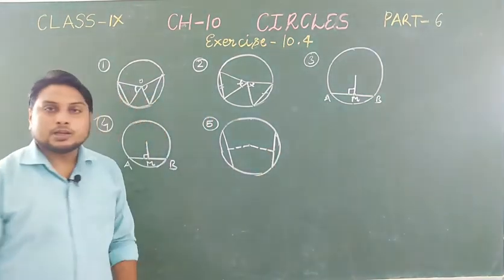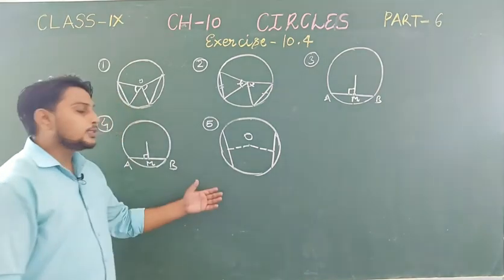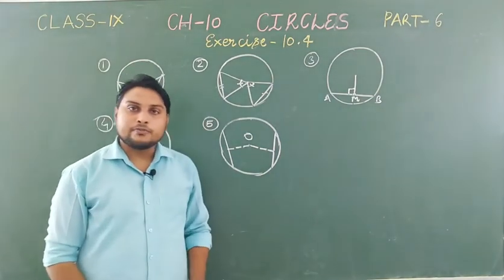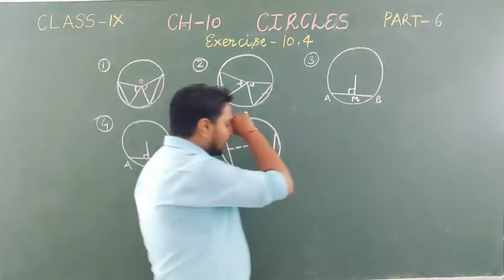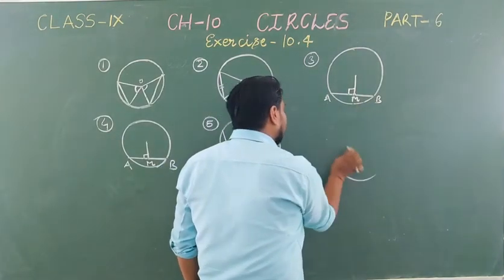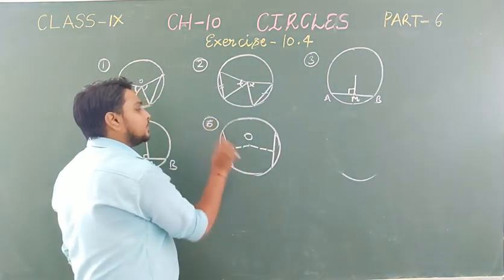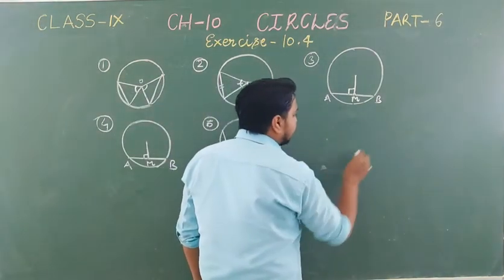Equal chords are equidistant from the center. This result we have studied in theorem 5. Theorem 5 is removed from your syllabus, so basically this was the theorem 6 that we have studied.